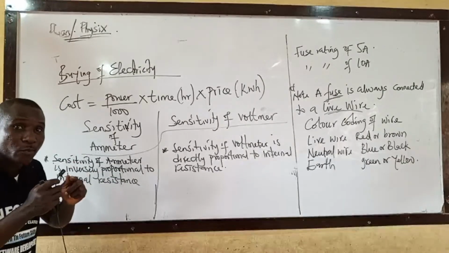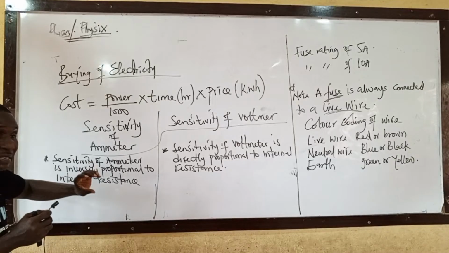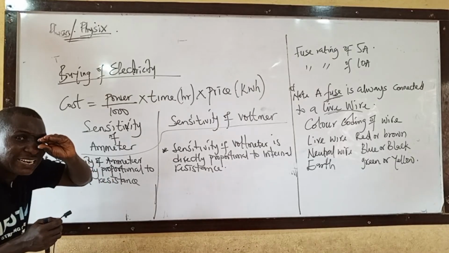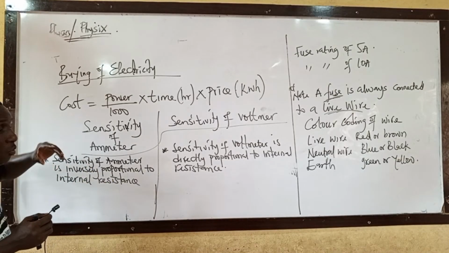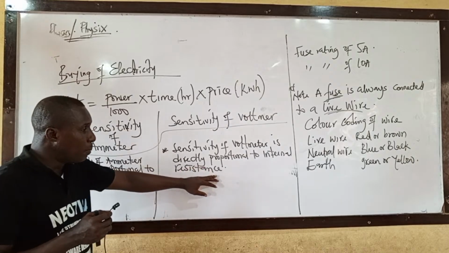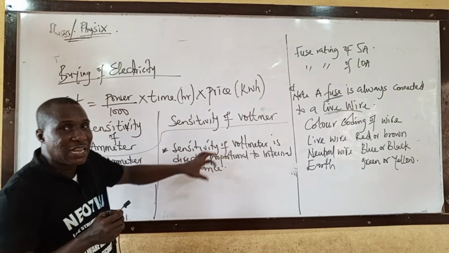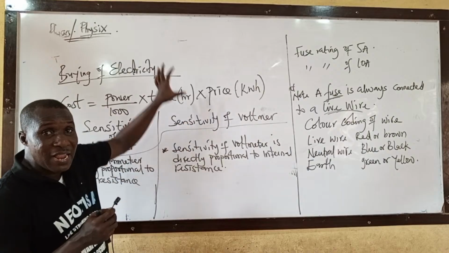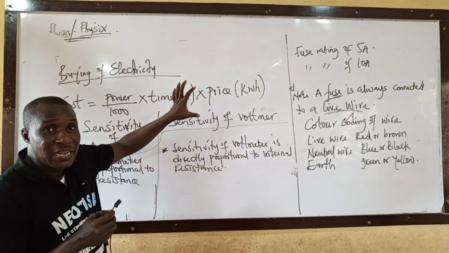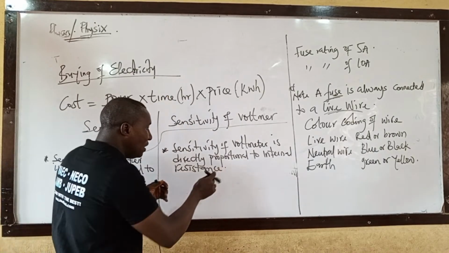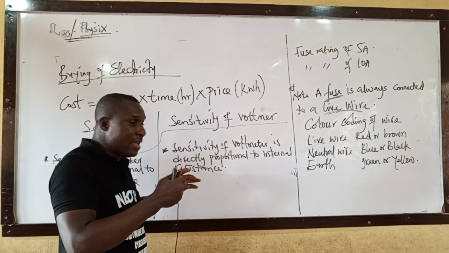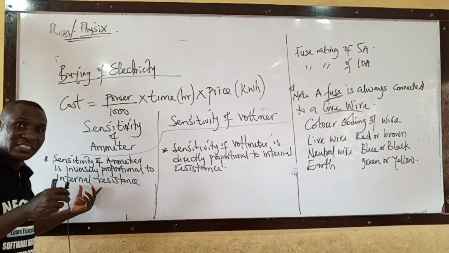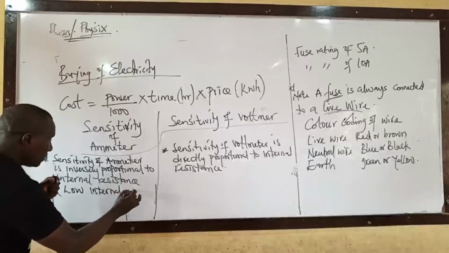Low internal resistance, inversely proportional. But for the voltmeter, high internal resistance makes sensitivity increase. That means for the voltmeter the internal resistance must be high, and for the ammeter the internal resistance must be low.